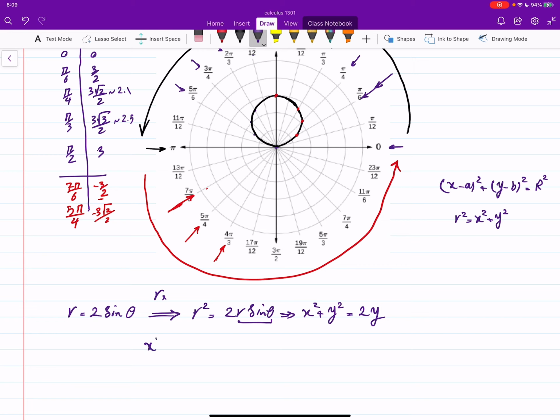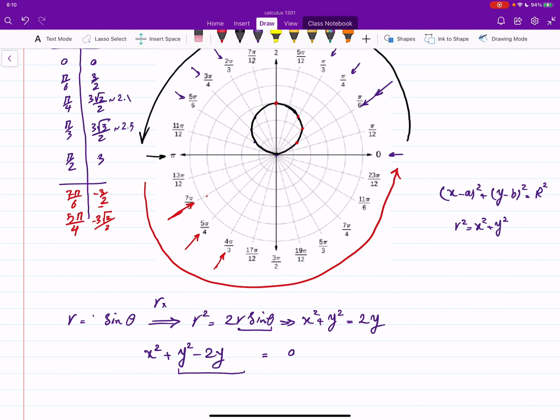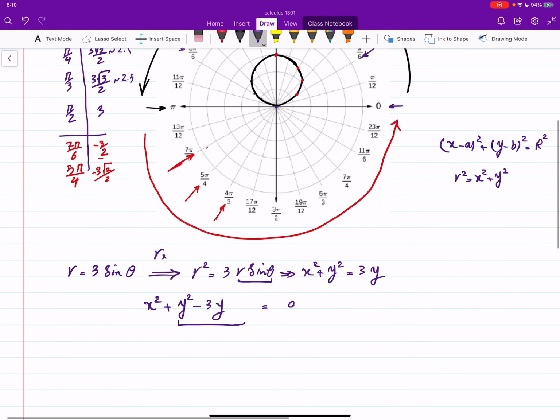How is that so? If I bring that 2y to the left-hand side, then I try to completely square this. So in other words, I want to write this as y minus something squared, and then the other terms. First term squared plus twice the second one.